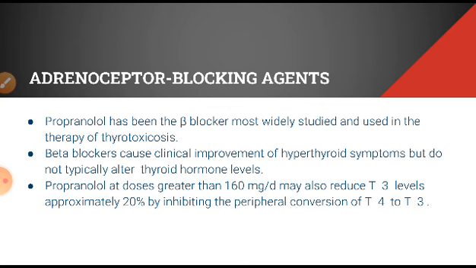Propranolol has been the beta blocker most widely studied and used in therapy of thyrotoxicosis. Beta blockers cause clinical improvement of hyperthyroid symptoms but do not typically alter thyroid hormone levels. So they are not changing the thyroid hormone level but their functions. Propranolol at doses greater than 160 mg per day may also reduce T3 levels approximately 20% by inhibiting the peripheral conversion of T4 to T3.